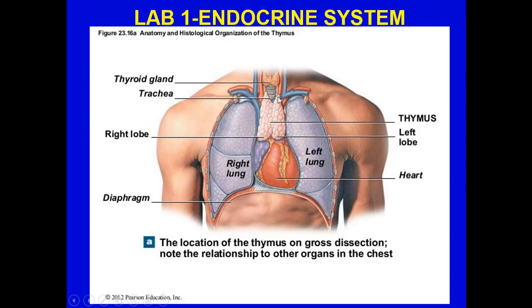Here we have the thymus, and you can see how this is located. It's kind of over on top of the trachea to a point, but it's definitely inferior to the thyroid gland. Eventually, by the way, after puberty the thymus will really begin to shrink and decrease its mass.